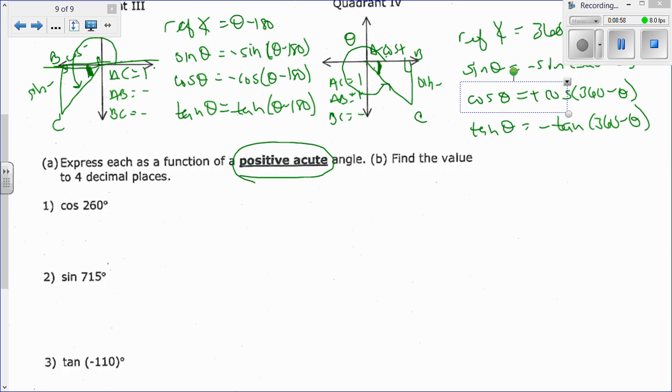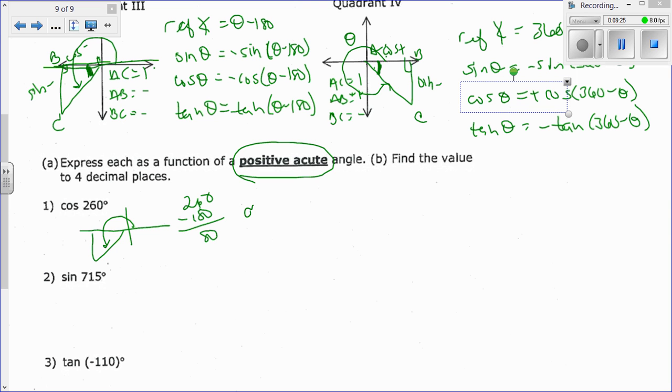So the cosine of 260 degrees. Well, 260 degrees is in quadrant 3. Okay, so it would look like that. And if I'm in quadrant 3, I'm going to do theta minus 180. Well, theta is 260. So 260 minus 180 is equal to 80.